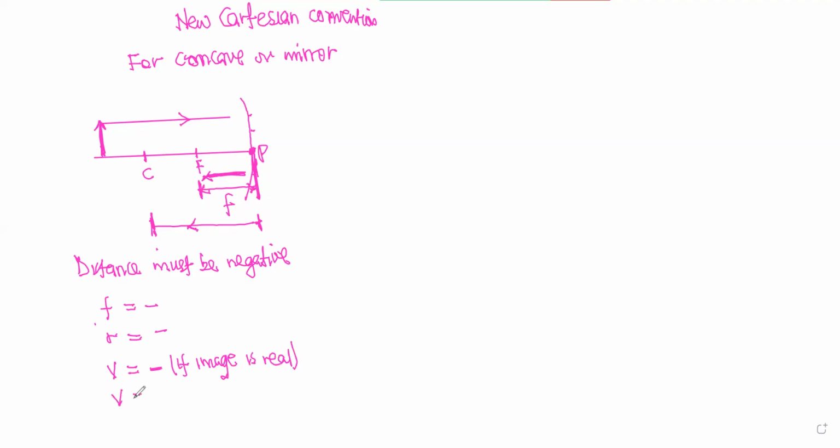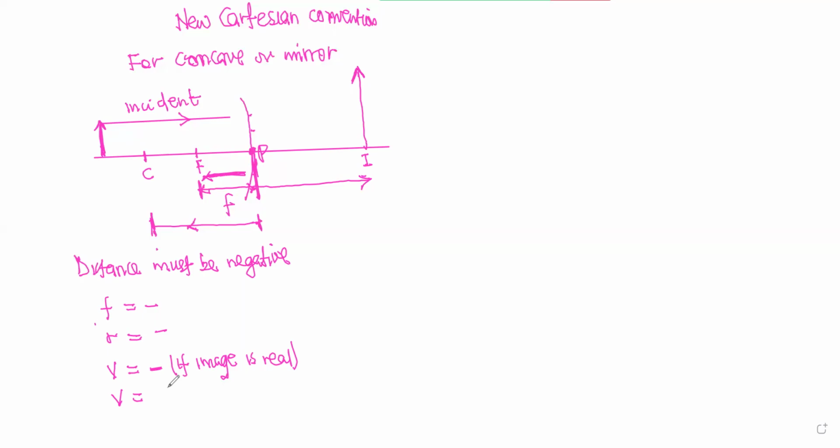v is equal to positive if the image formed is virtual, because virtual images are formed behind the mirror. So in this case, this is how we'll measure the image distance. This is the image, I. So v is in the same direction as the incident light.